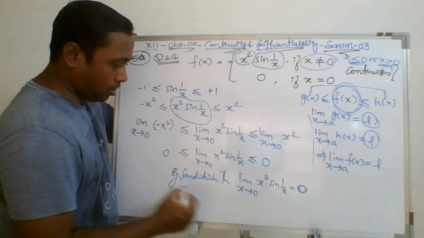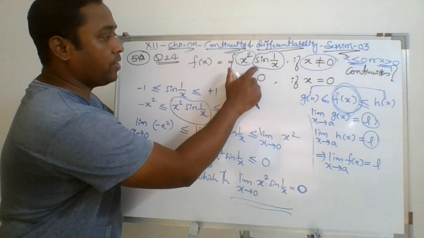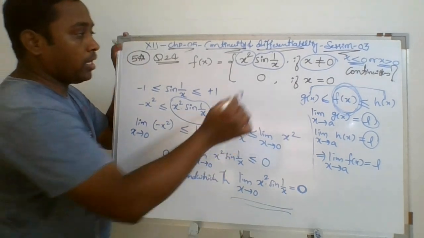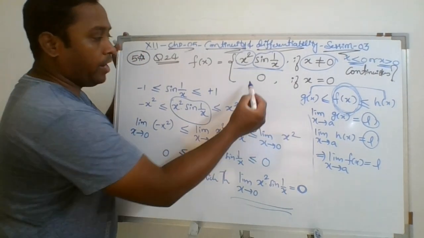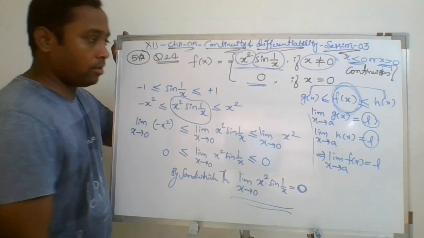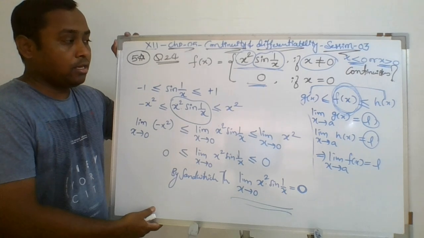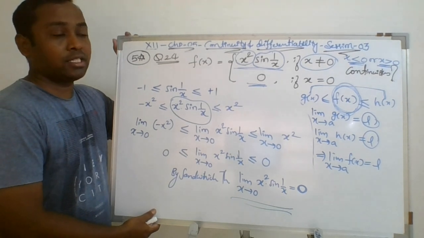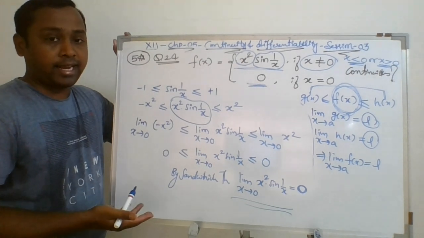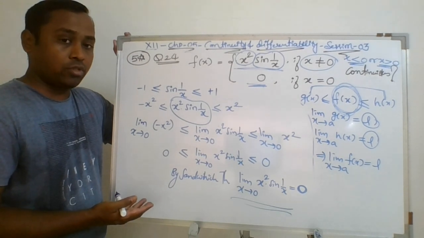So by this theorem, we got to know that the limit of this function approaches 0. Hence, the limit of the function is 0, and the value of the function, f of 0, is also 0. Hence, the given function is said to be continuous. Friends, the speciality of this question is that we cannot use the general technique of limits to check the continuity of this function at x equal to 0.